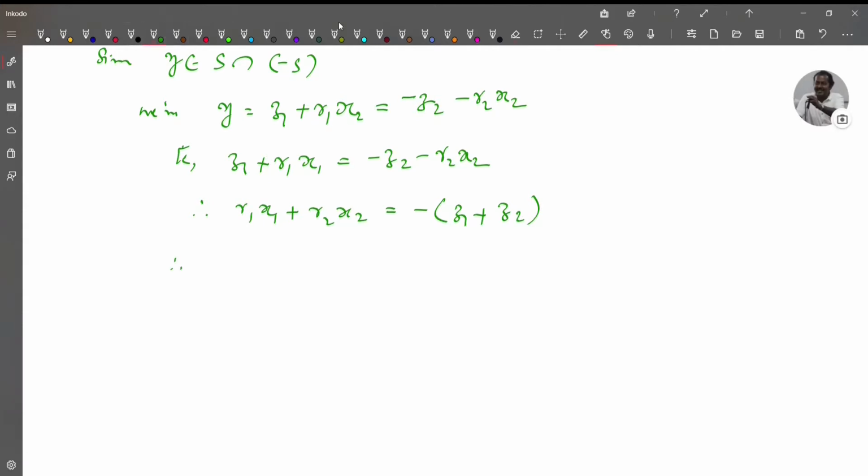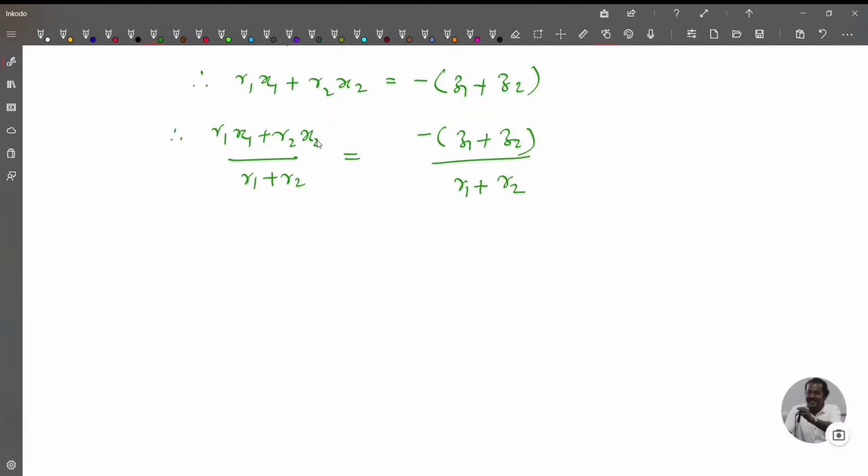Therefore, R1 x1 plus R2 x2 divided by R1 plus R2 equal to minus Z1 plus Z2 divided by R1 plus R2. This belongs to E intersection Z. Since E is convex, R1 x1 plus R2 x2 divided by R1 plus R2 belongs to E, because x1 and x2 are elements in E and E is convex.